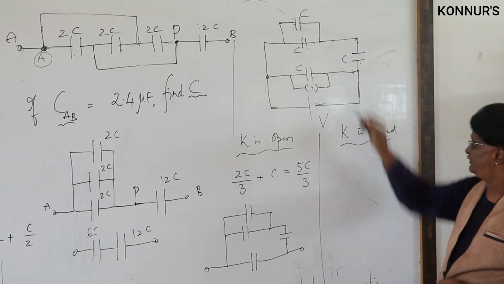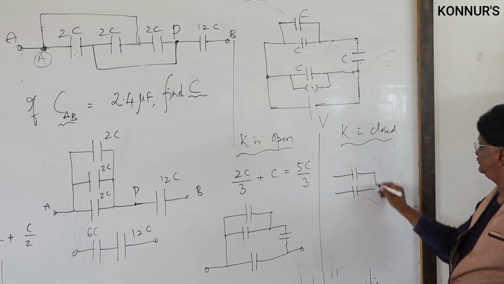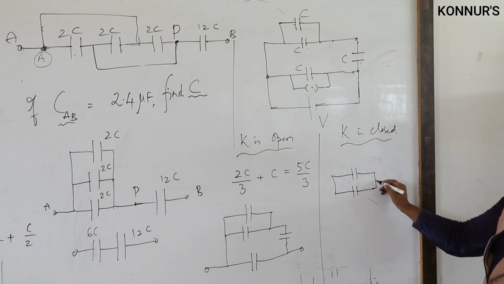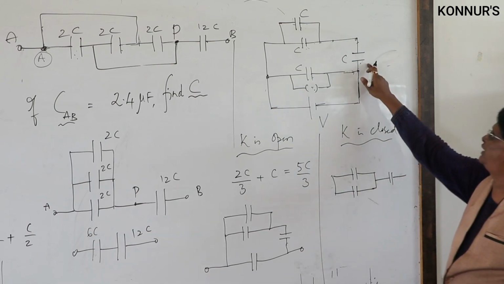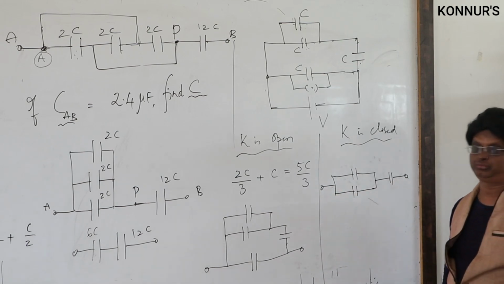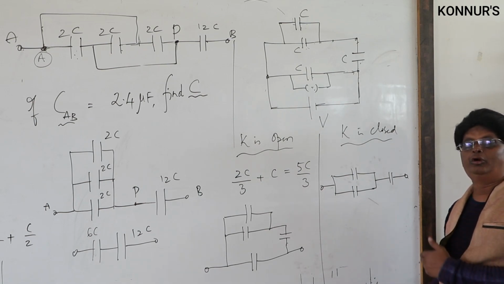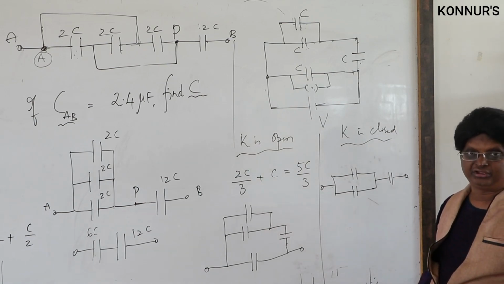Therefore this circuit simply becomes the two capacitors in the upper branch in parallel, followed by one more capacitor in series, and this will be the circuit that we get, because this one is short circuited. It will not be in working condition.